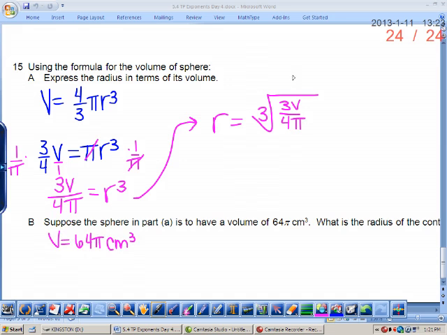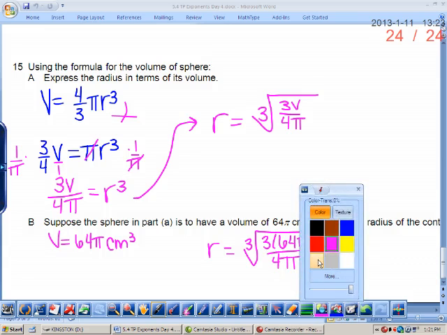Yeah, this is the answer of the first part because we have radius in terms of volume. So we're given a volume and we want to solve for radius. I'm not going to go back up to this formula because that's a waste of time. I already have my radius isolated. So I know that my radius is the cube root of 3 times 64 pi over 4 pi.